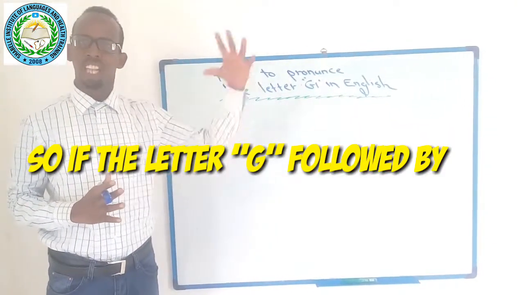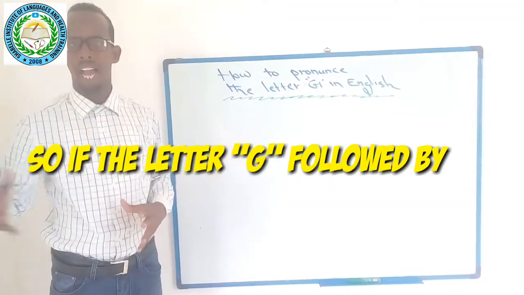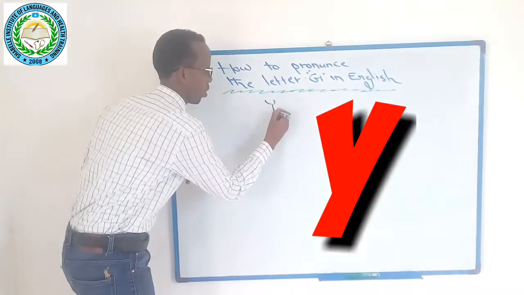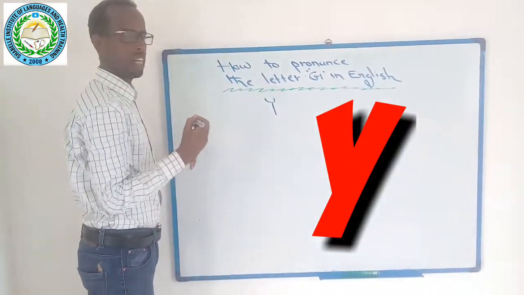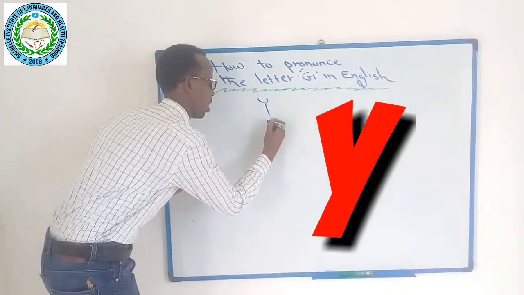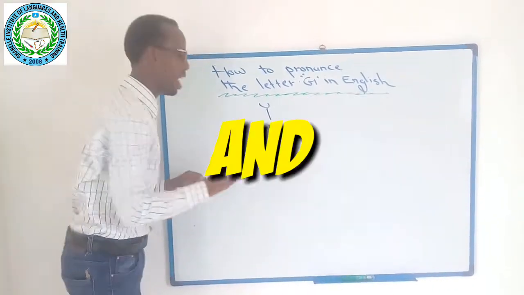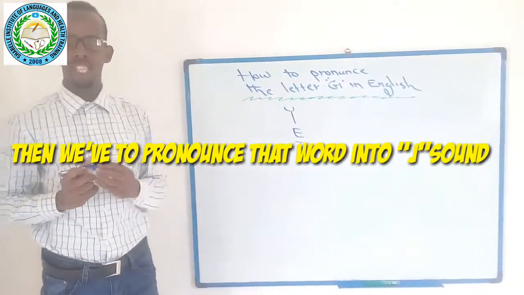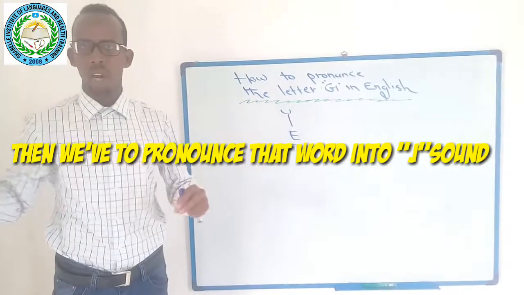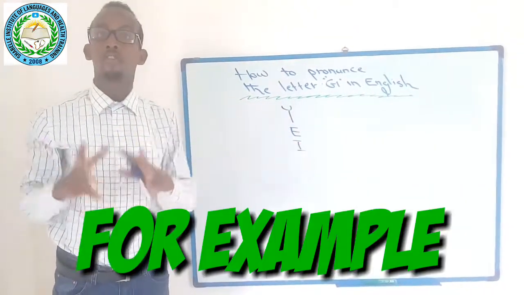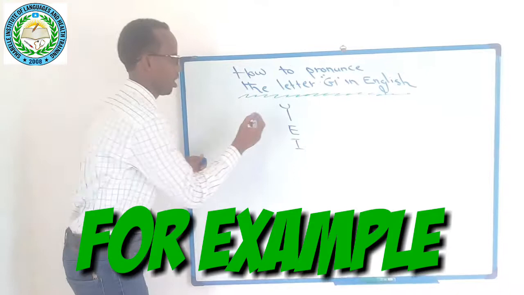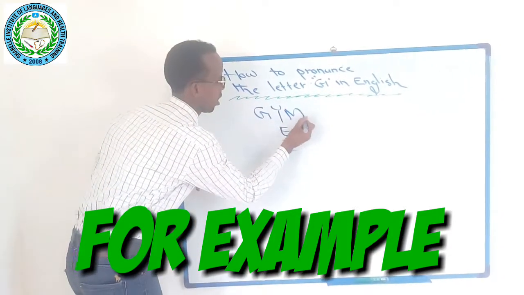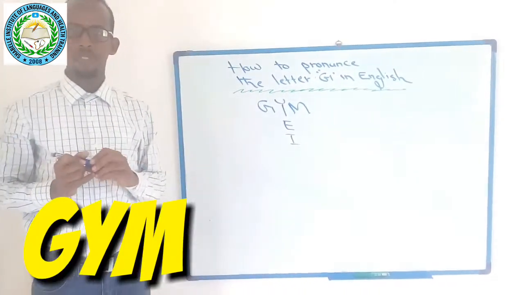If the letter G is followed by Y, E, and I, then we pronounce it with a J sound. For example, jam.